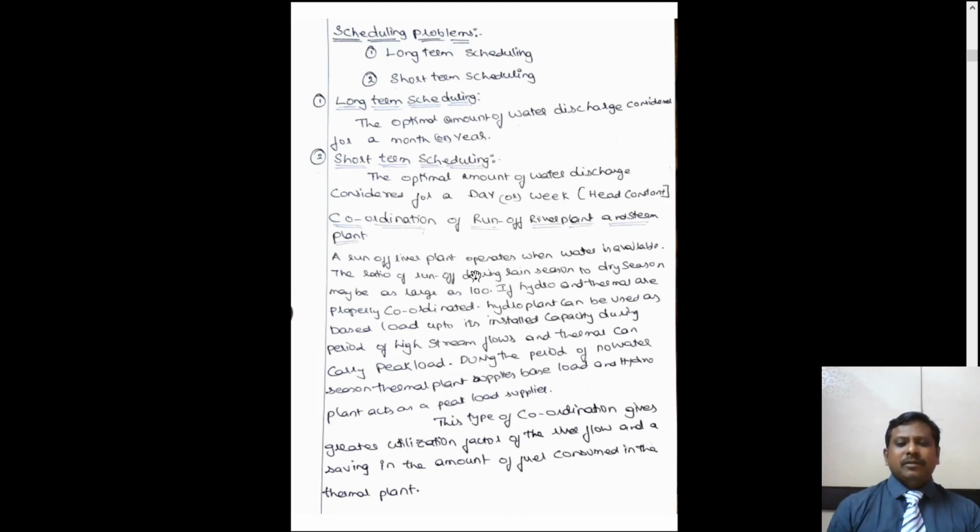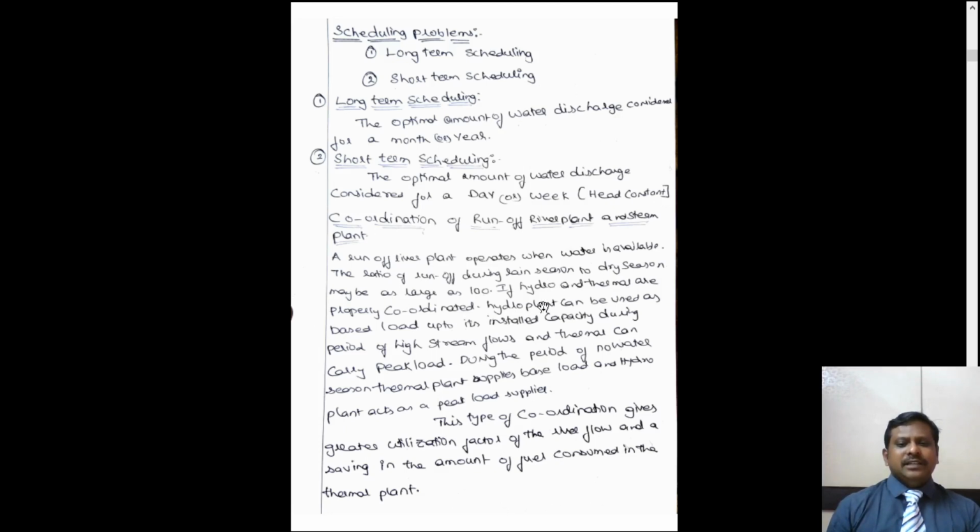Basically, the thermal power plant is used as a base load, right? So here, by using proper coordination, the thermal power plant can also be used as a peak load. That is the main intention here. The same thing is here, check it. A runoff river plant operates when water is available. The ratio of the runoff during rainy season to dry season may be as large as 100.